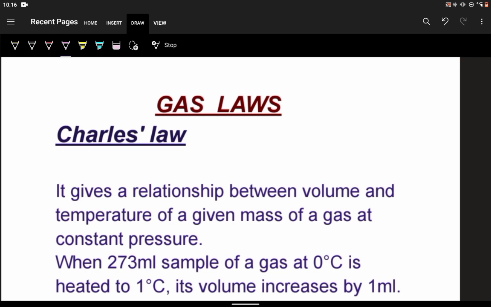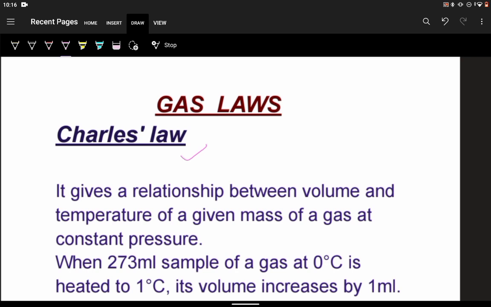Now today we will be discussing Charles' law. Charles' law can also be referred to as the law of volumes because it gives a detailed account of how a gas will expand if the temperature is increased.